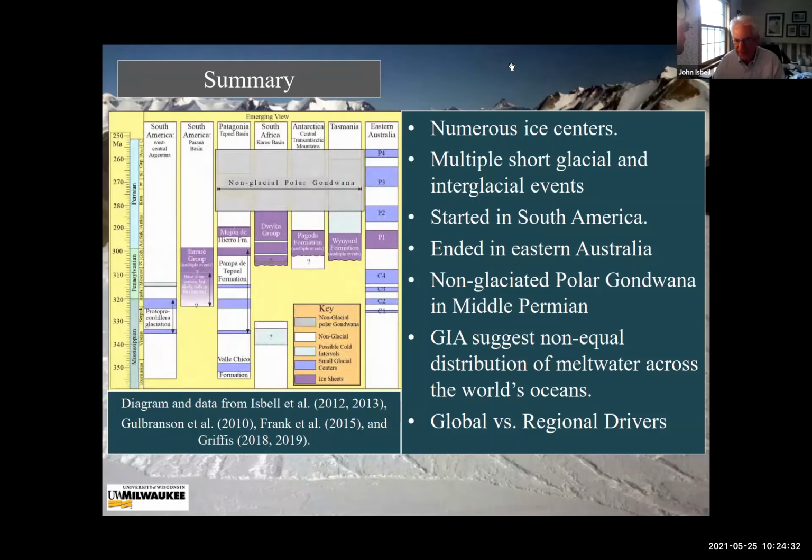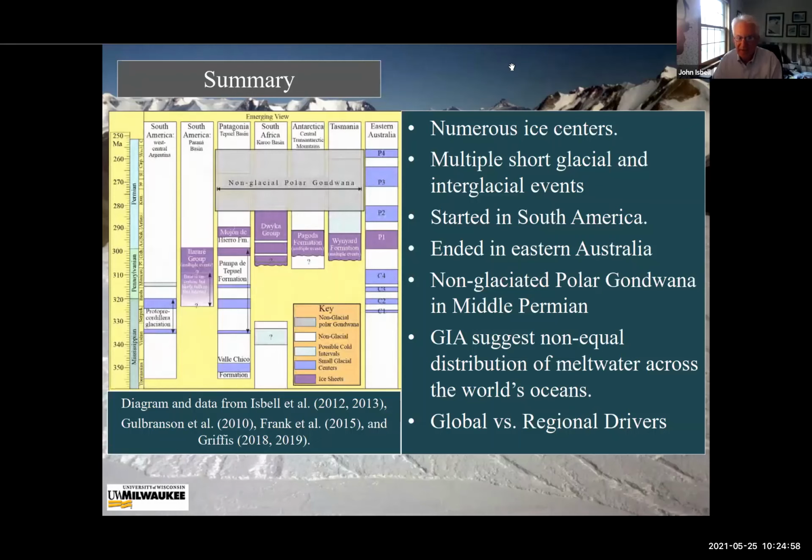How much was sea level changing worldwide during the late Paleozoic? If we're looking at modern, the Greenland and Antarctic ice sheets have relative sea level changes locally that are 1.4 times the average amount of change in sea level.